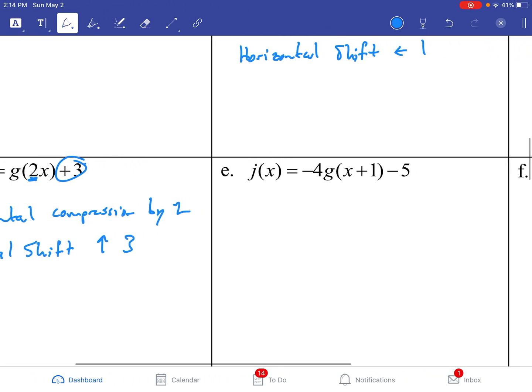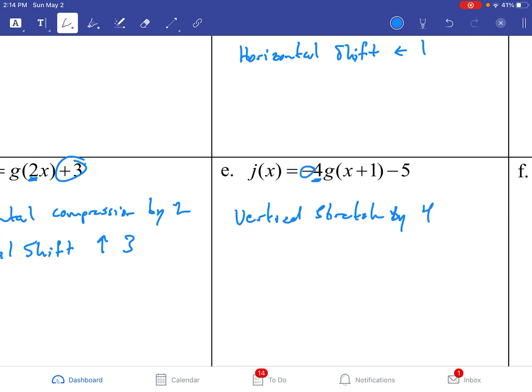In part E, there are 4 things happening. Okay, first thing you have is the 4 is a vertical stretch. We have the negative sign in front of the 4, which is a reflection over the x-axis. We have the plus 1 on the inside of the function.